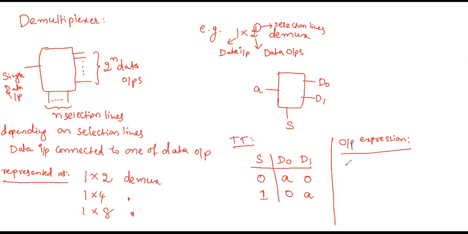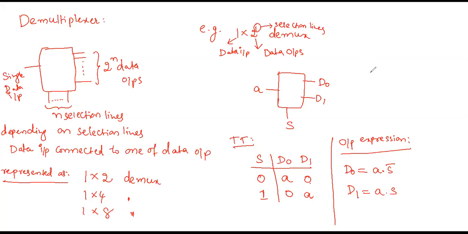For D0, wherever A is there, A into S is 0, so S bar. D0 is 0 otherwise, so no need to write the next term. So D0 is A into S bar. Next, coming to D1, it is A, so A into S.